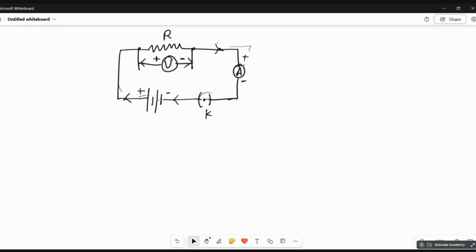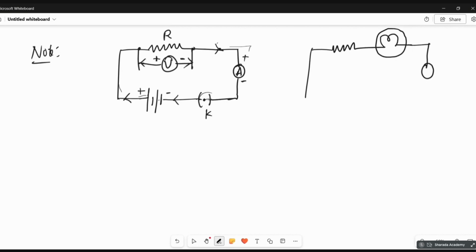If there is another bulb also here, just draw the circuit diagram as a note so that you get used to these things. Another one: you have a bulb. So resistor, bulb, battery, key, ammeter, and I want to measure the voltage this time across the bulb, so I will keep the voltmeter here.